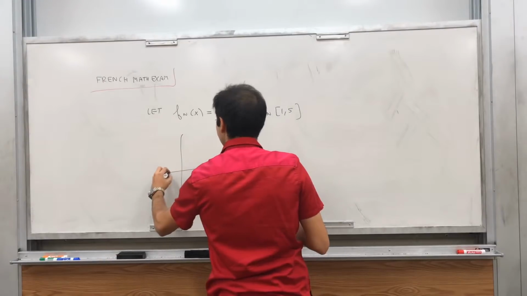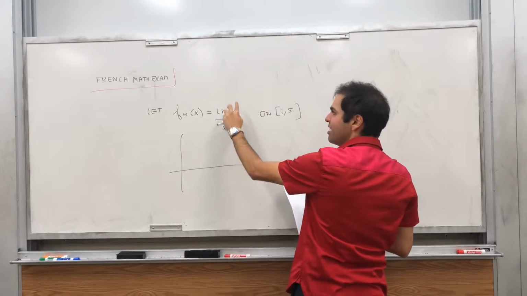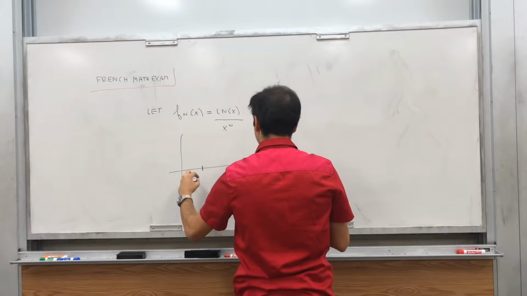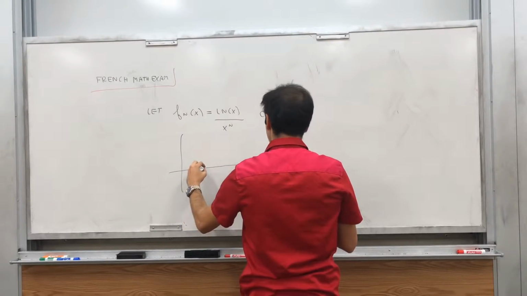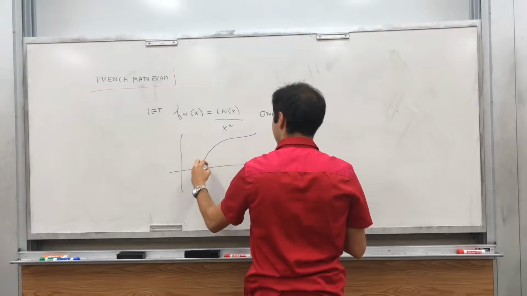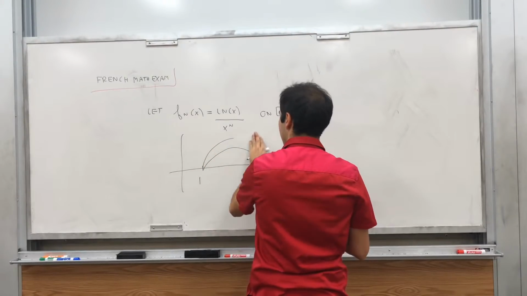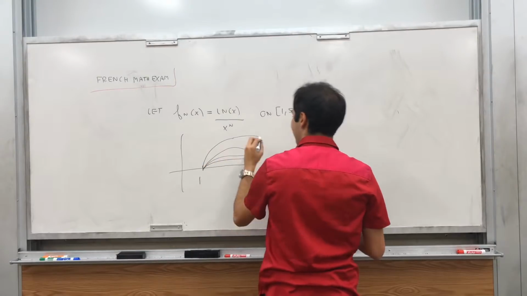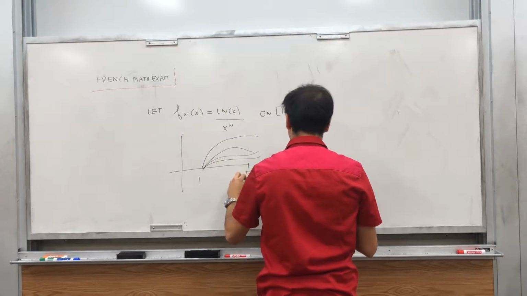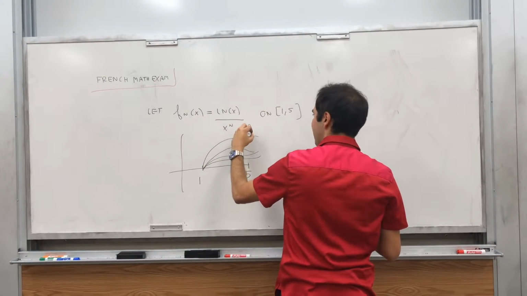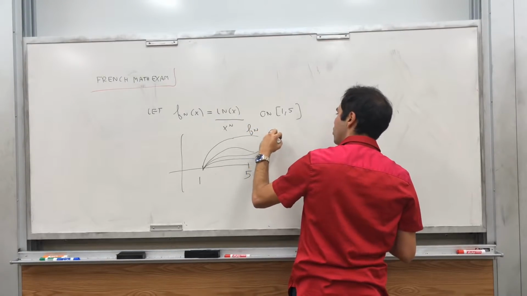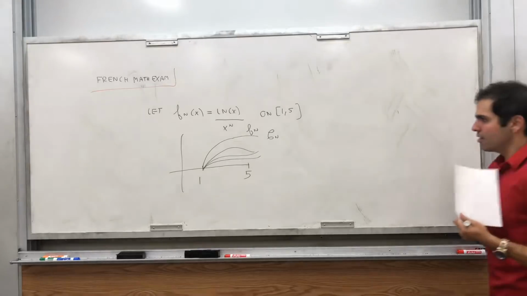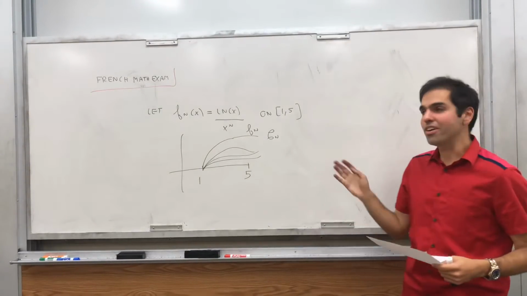Notice in particular that at x equals 1, fn of x is 0. So all those functions start out at 0 and then increase like that, whatever they look like. It's from 1 to 5, and each function fn has a certain curve, a graph Cn.